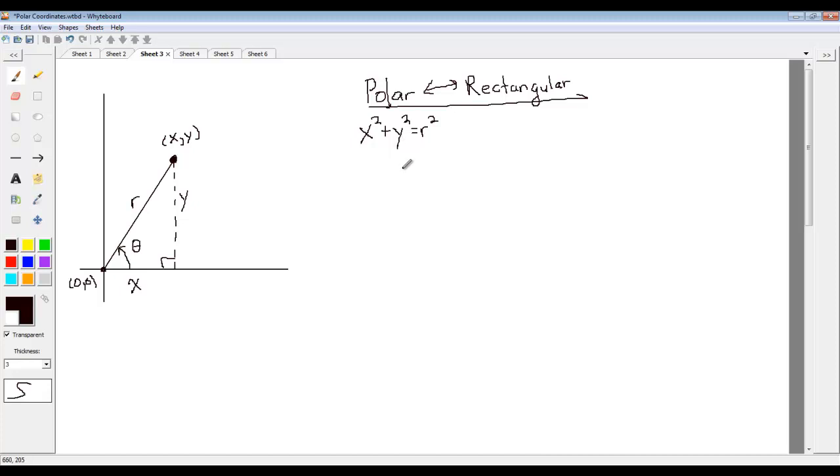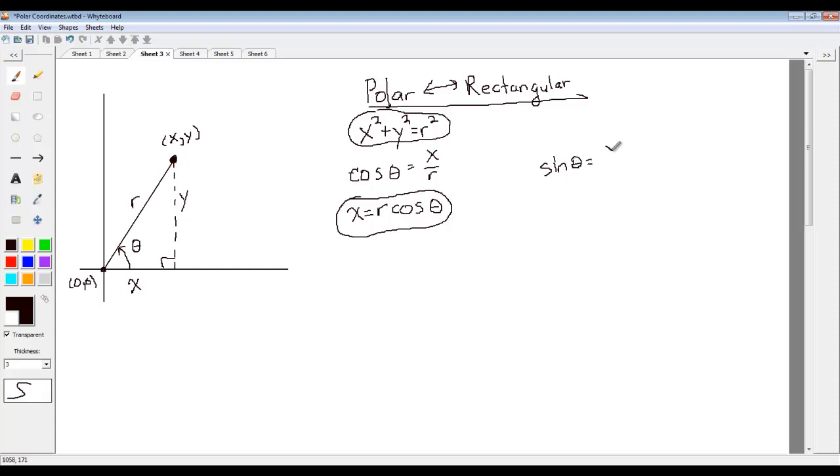Also, if we know r and theta, if we look at this closely, we know that the cosine of theta is x over r. So that tells us that x equals r times cosine theta. So that's important. Sine of theta equals y over r. So let's do a quick little algebra: y equals r sine theta.